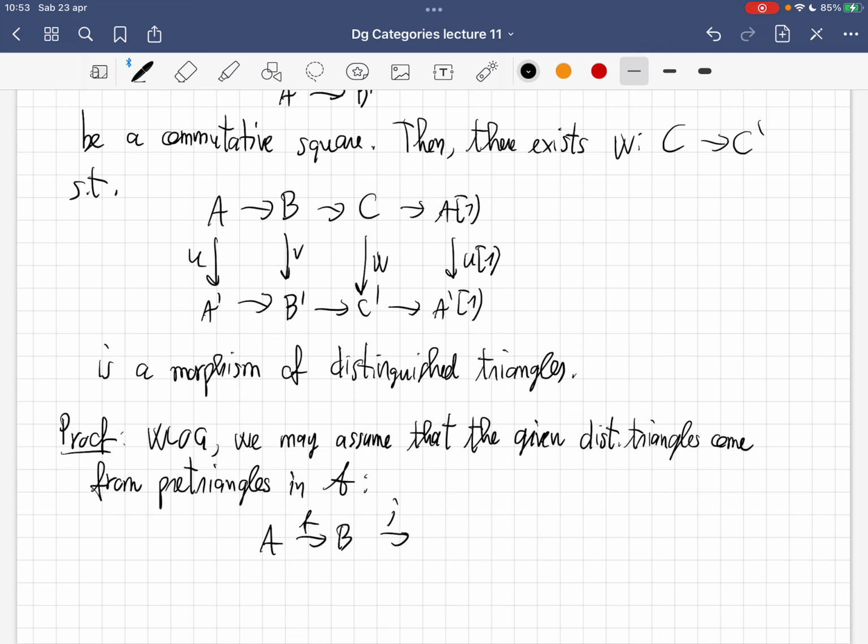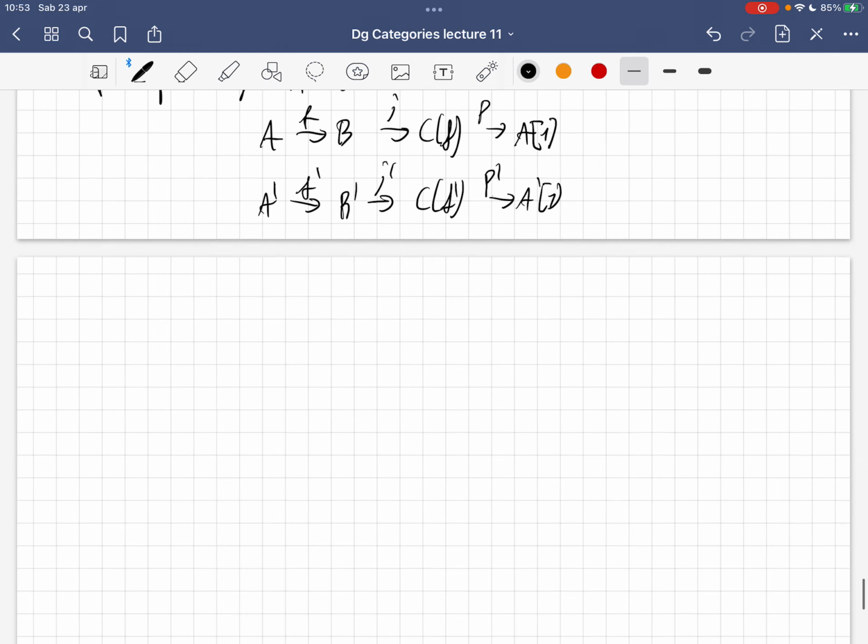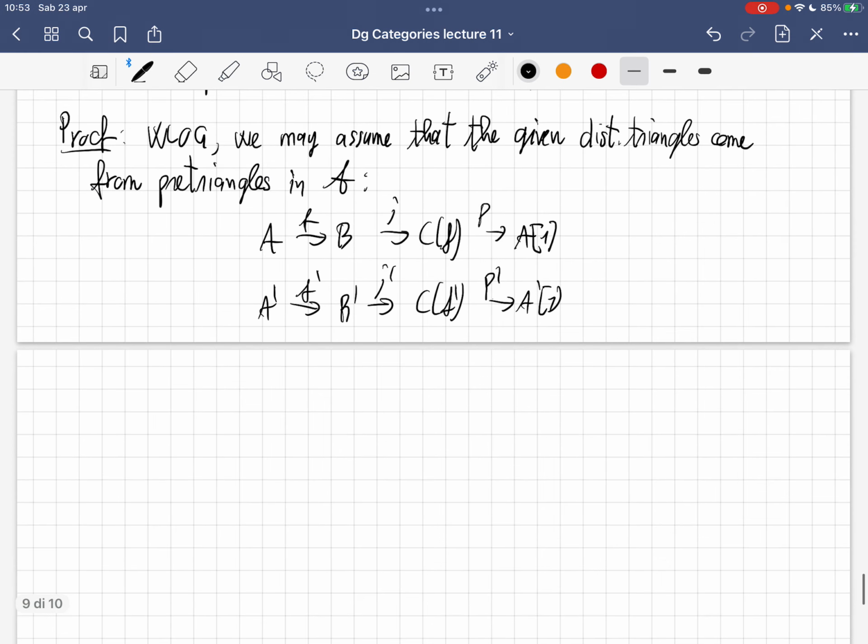So you have this cone, the actual cone with the universal property: B prime, F prime, J prime, cone of F prime, A prime of 1, P prime. Good, okay.